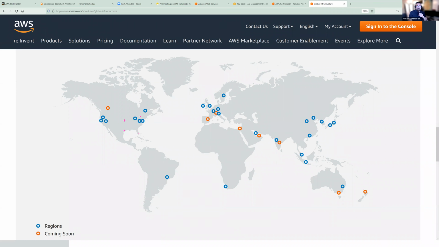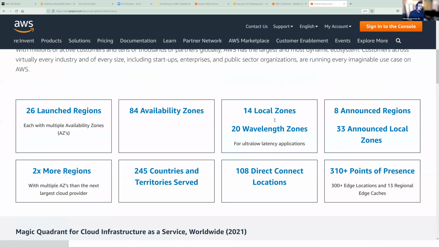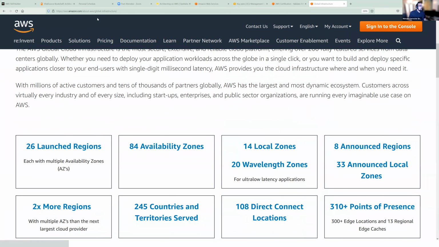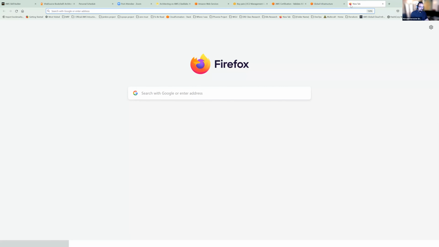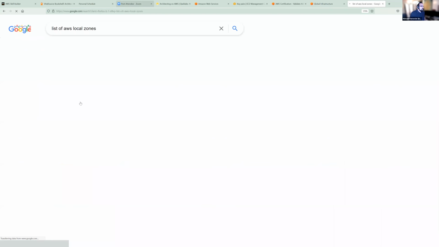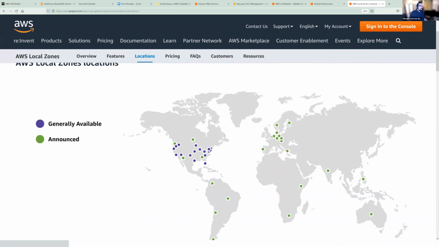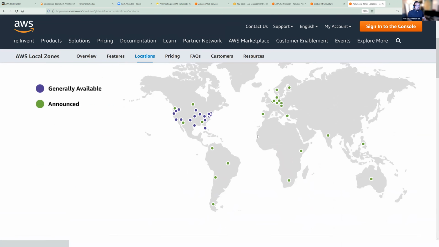So if we go take a look, let me clear out my drawings here. We go take a look at the number of local zones. Where are these things? Because they disabled some of these links, which is kind of interesting. All right, so look at all these local zones that they're starting to create.